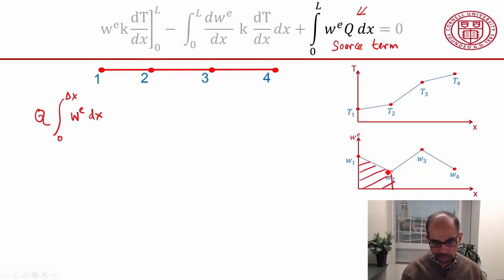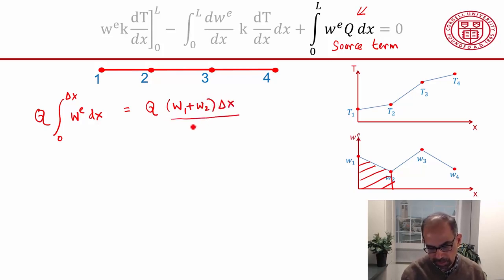You can work out what that area is, and that comes out to be q times w1 plus w2 times delta x divided by 2. That's the area. And I can split this into the part that depends on w1 and w2.